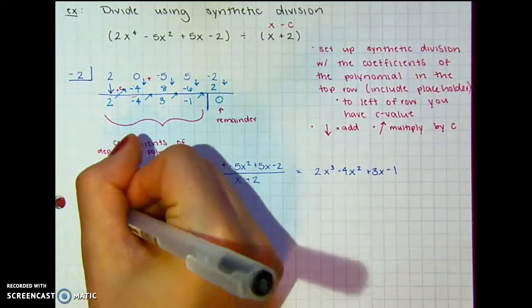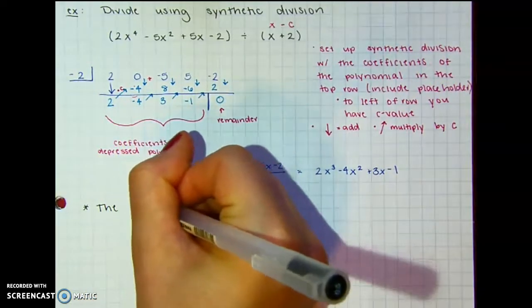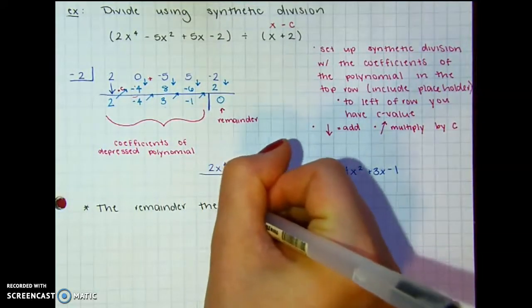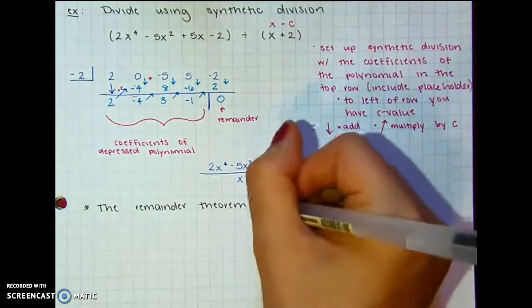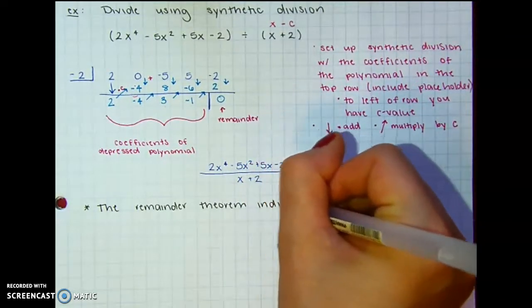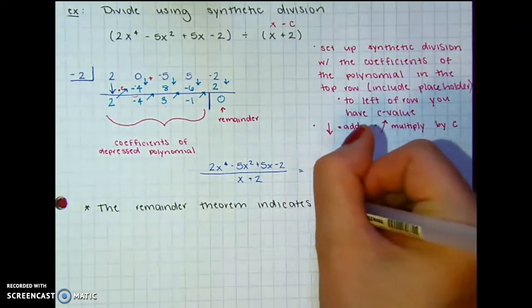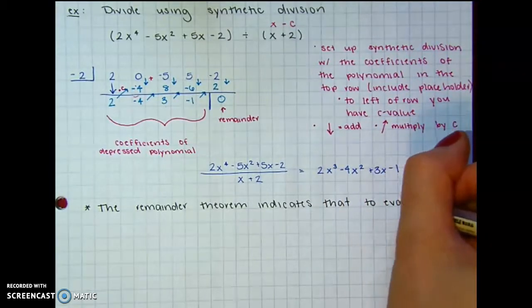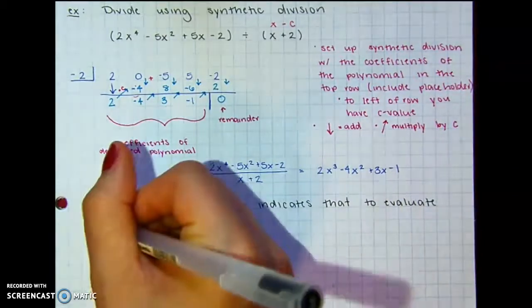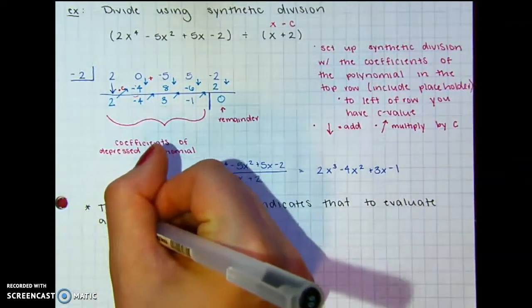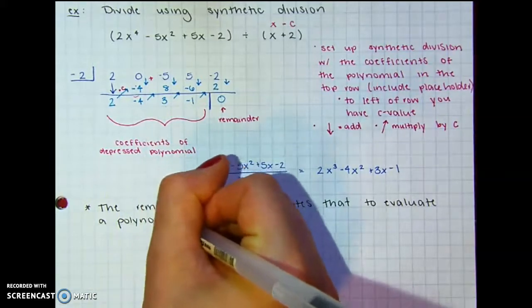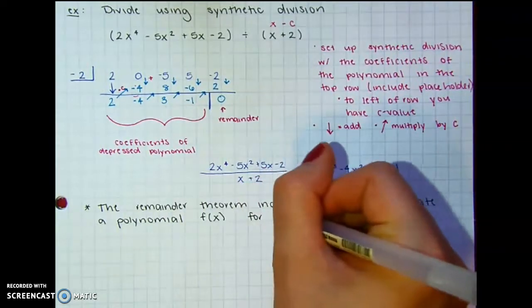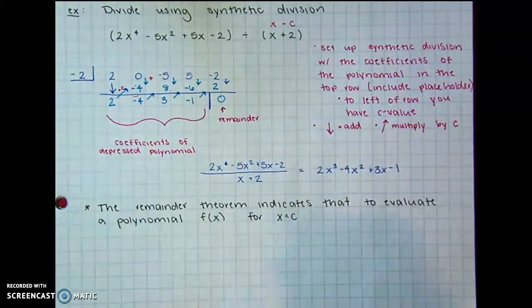So the remainder theorem indicates that to evaluate a polynomial f of x for x equals c. So basically, what is f of c?